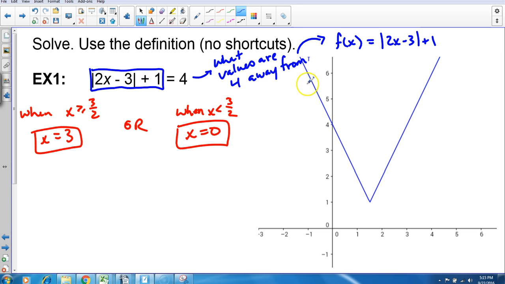Okay, so what values are 4 away from f of x or from this function? So let's check this out. Algebraically, we just figured this out. Let's check out what it says on the graph. Again, the 3 halves is basically going to be your axis of symmetry.